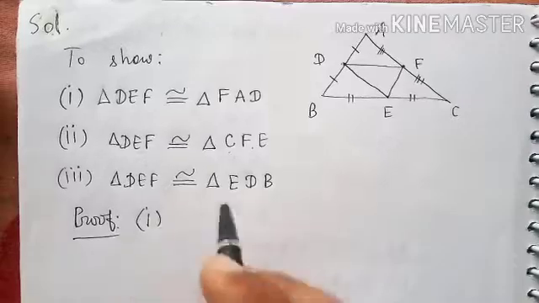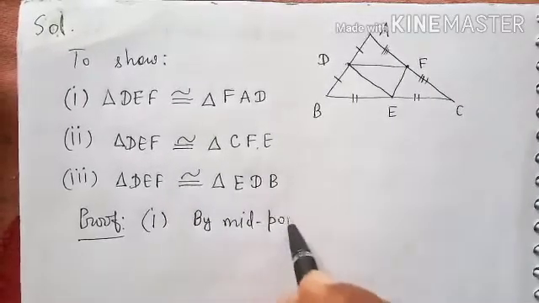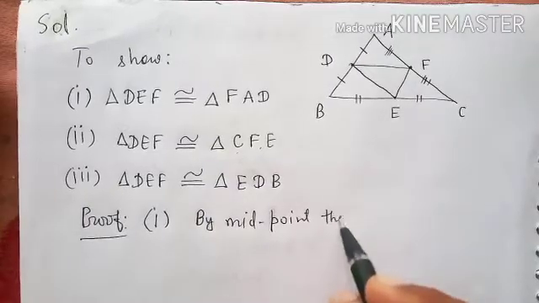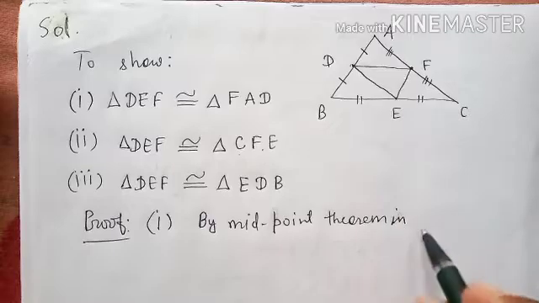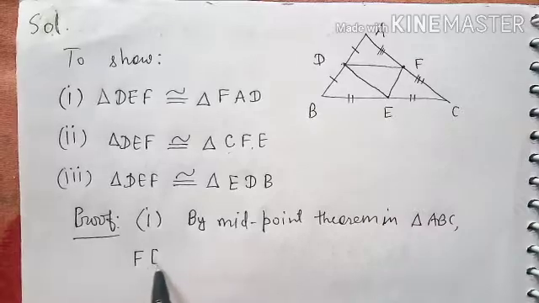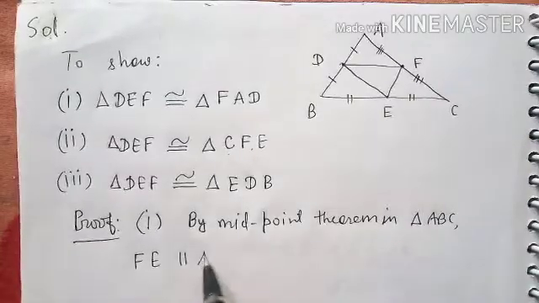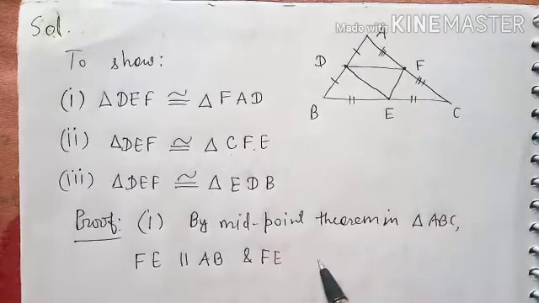First, by midpoint theorem, in triangle ABC, FE is parallel to AB and FE is half of AB.